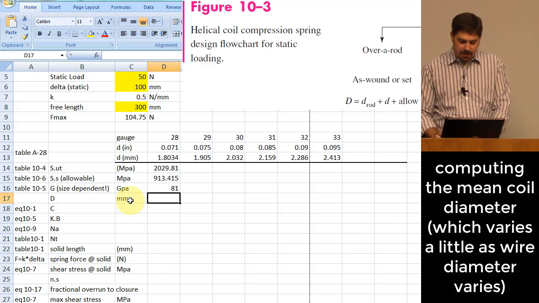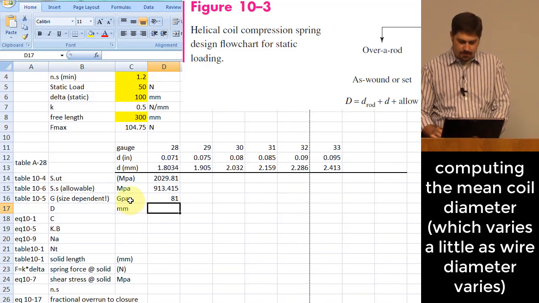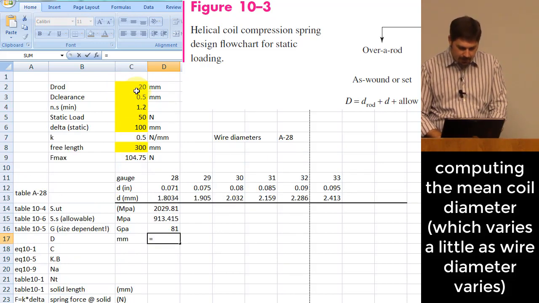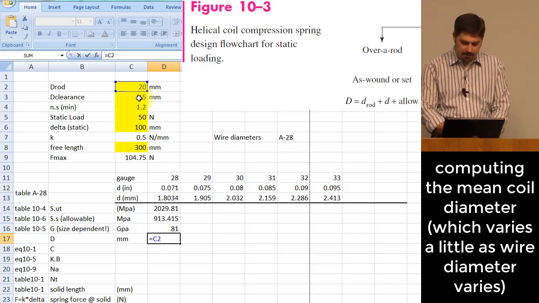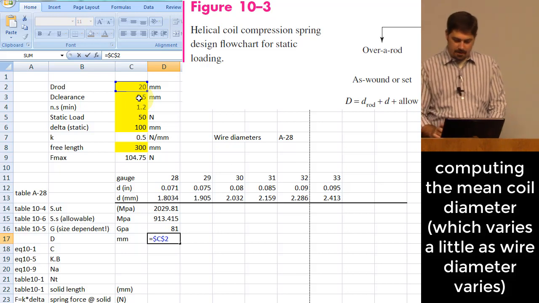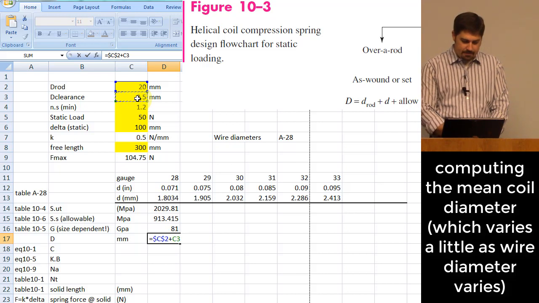And where should I go to look for this? Okay. I look for the diameter of the rod, which I had up here. All right. That would be right here. And I want to add to this the diametral clearance. Okay. Before I do that, let me lock that in, because I don't want to be moving to other cells there. I want to take that and add the clearance.